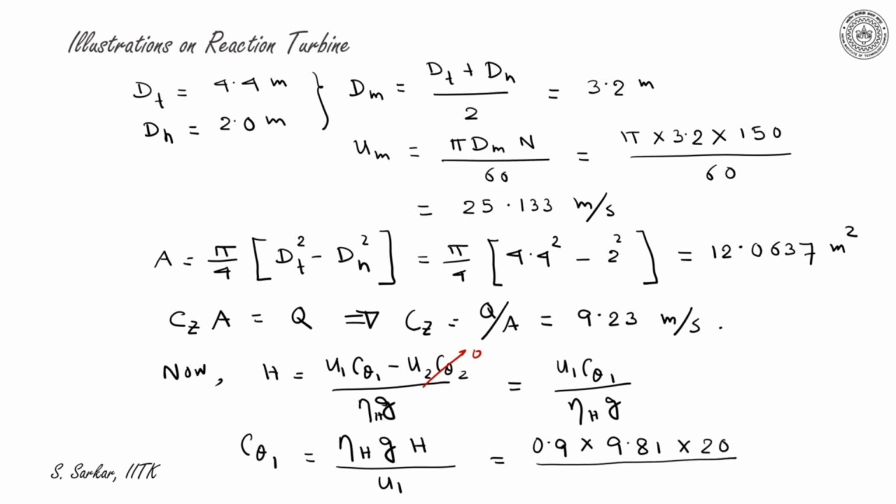Now from inlet velocity triangle, I can write tan beta 1 is equal to Cz divided by W theta 1. W theta 1 I can write as U1 minus C theta 1.